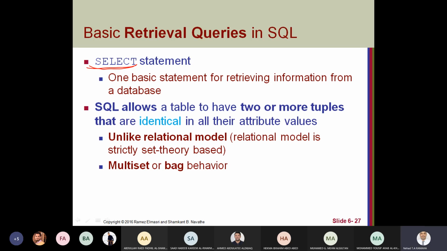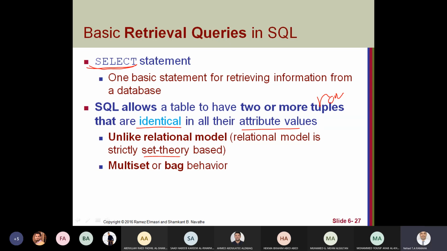With a select statement in SQL, you could have two or more rows with identical, the same values for the attributes. That's why, unlike the relational model, it's not using set theory.